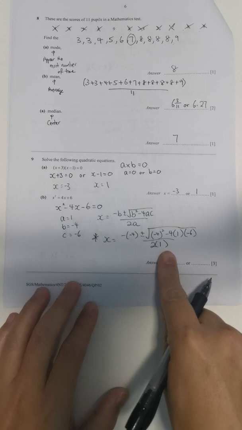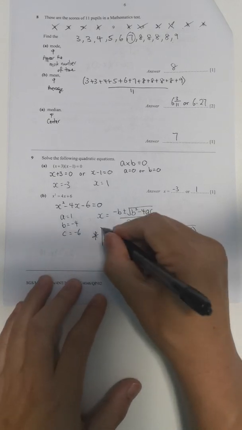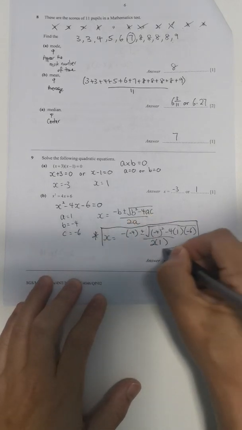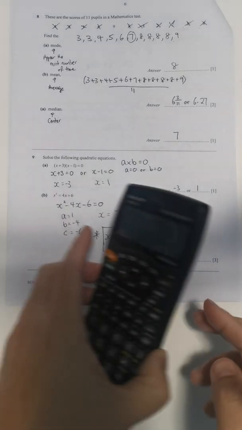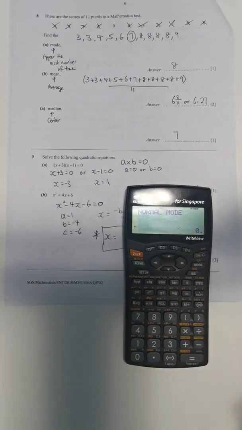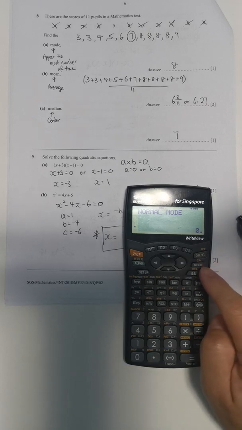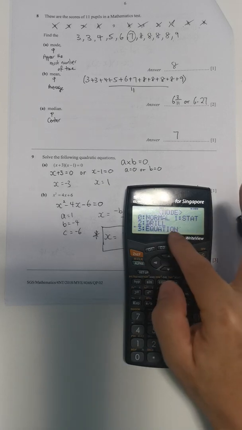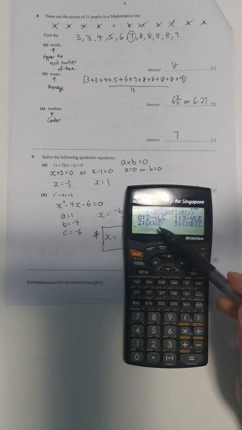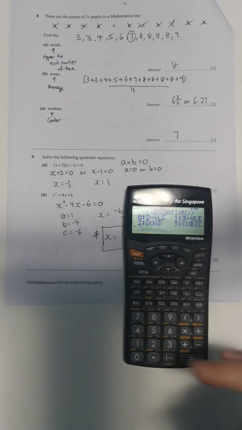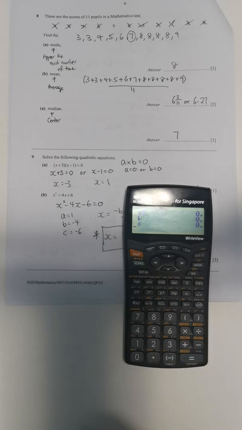After you have written down these very important steps, which you cannot miss, you can use your calculator to help you calculate. Choose the mode function, look for equations. This is a quadratic equation, so I choose quadratic. Your calculator may be a different brand, such as Casio, but the function will still be the same.